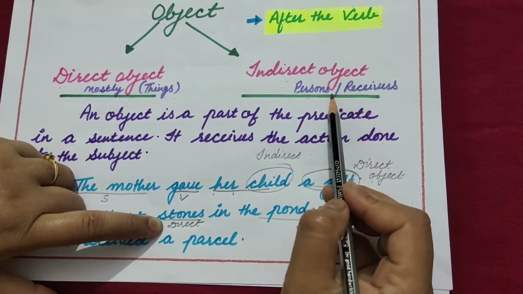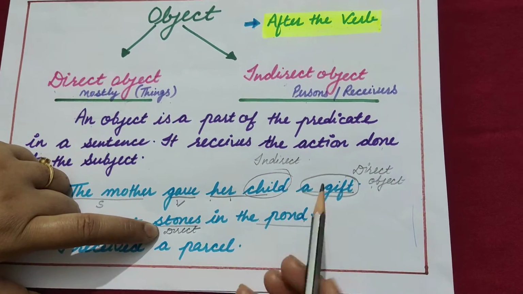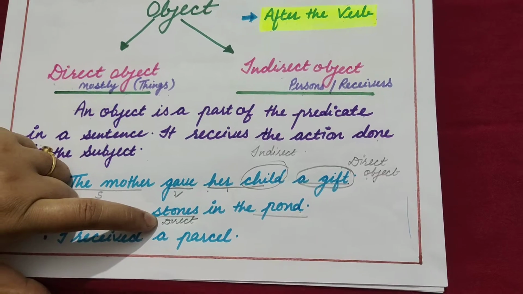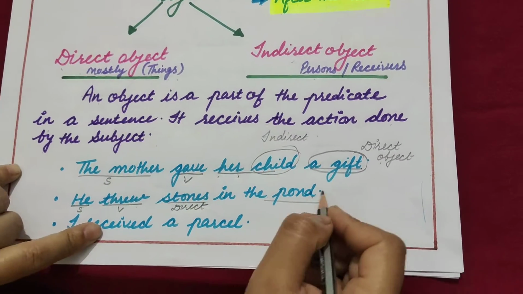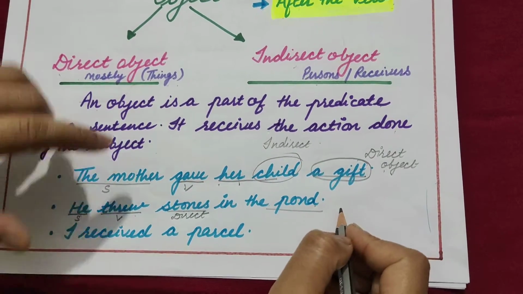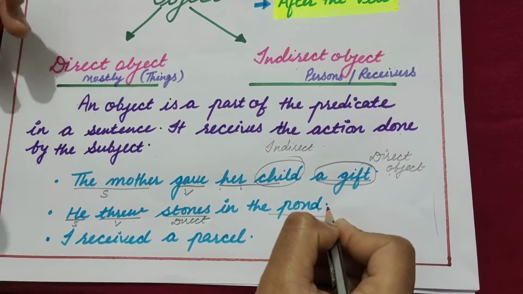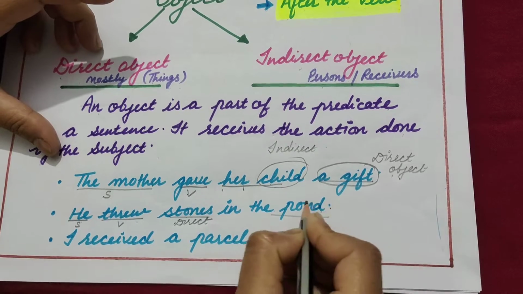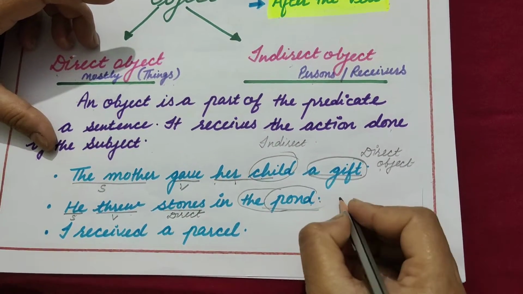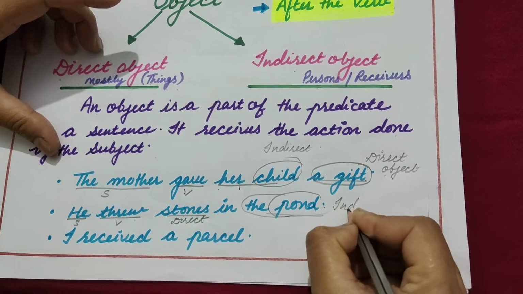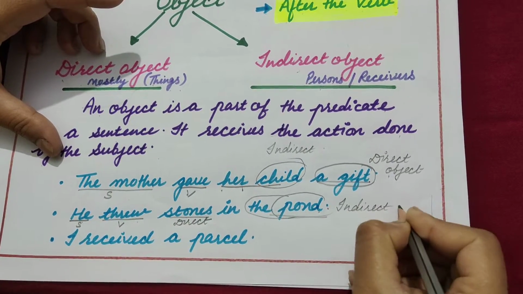Now, we have learned the idea of persons, but we will not get any person here. Now, who is receiving? Where is he throwing the stones? In the pond, meaning in a way the receiver is the pond. So, the pond would be what here? The indirect object.